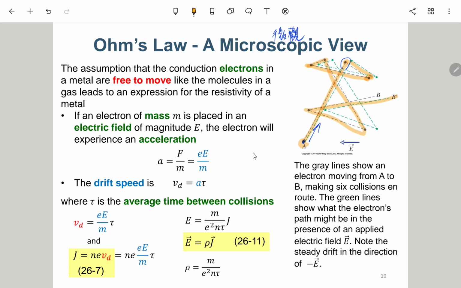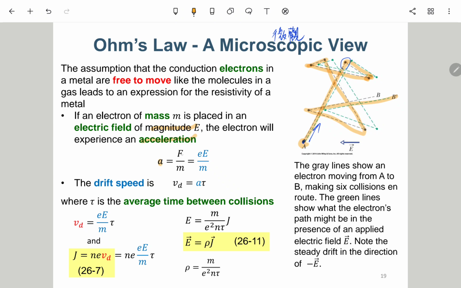If the electron is in an electric field, it will have the Coulomb force, F equals QE. As we have a force acting on this electron, according to Newton's second law of motion there will be an acceleration.